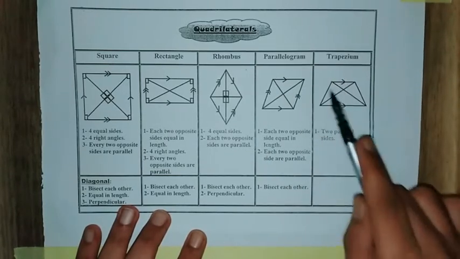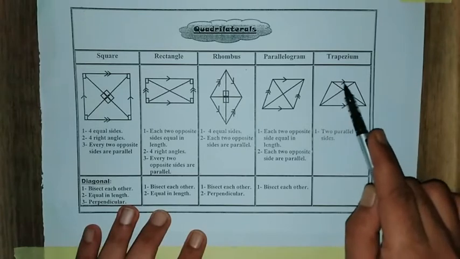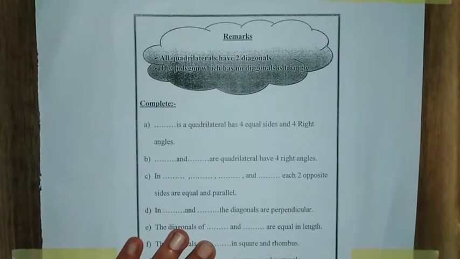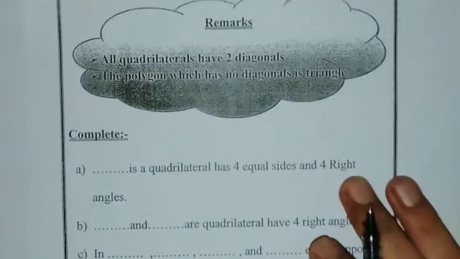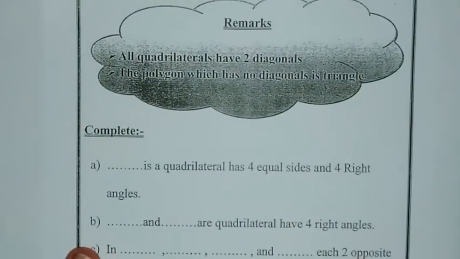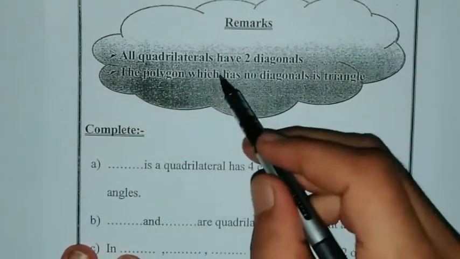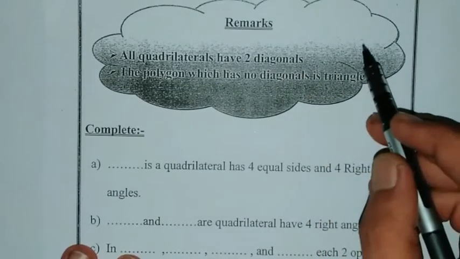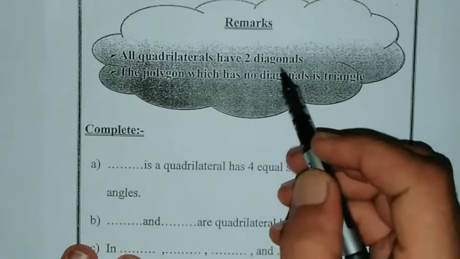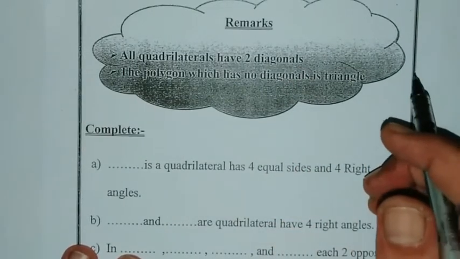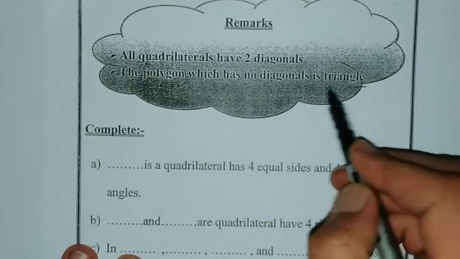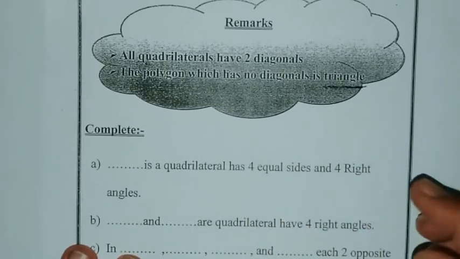Trapezium has only 2 parallel lines. We have to note first, all quadrilaterals have 2 diagonals. Any quad has 2 diagonals and 4 sides. The polygon which has no diagonals is triangle.